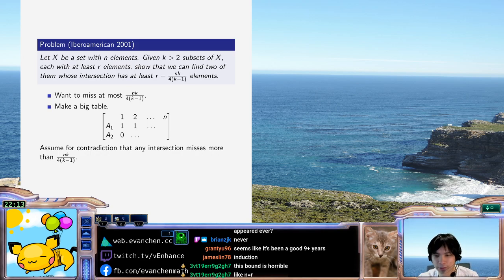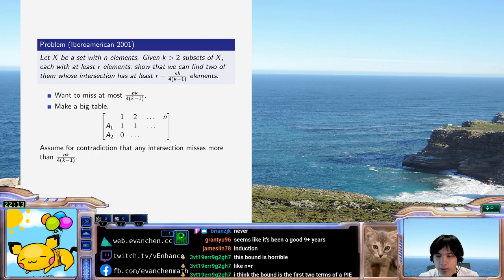So the number of zeros will be at least... I can take any k choose 2 pairs. Each of them generates at least a bunch of bad things. And then each thing is counted at most n minus 1 times? Sorry, k minus 1. That bound feels really bad.